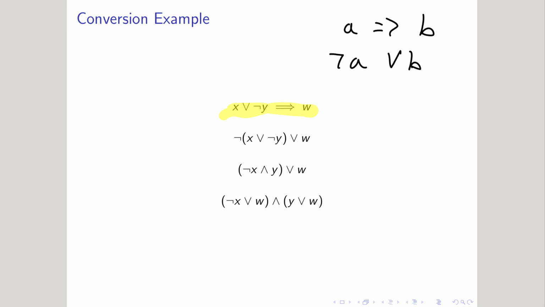This is De Morgan's law here. So I'm distributing in the not, which, if you pay attention, flips the disjunction, the or, to an and, or a conjunction.